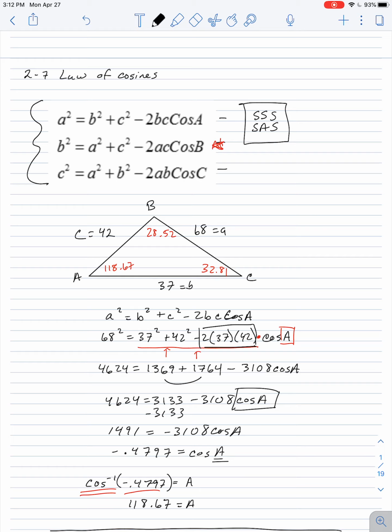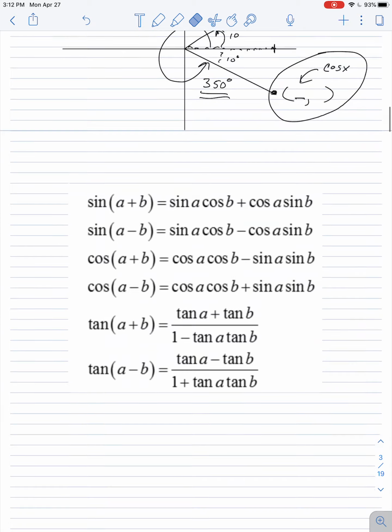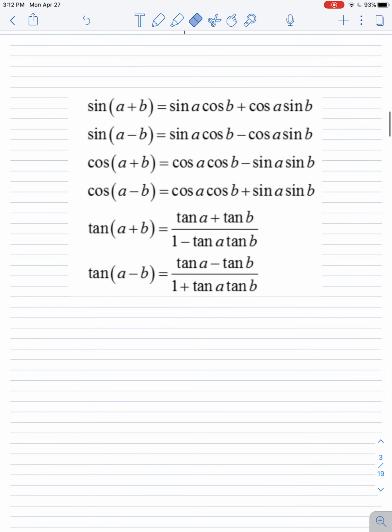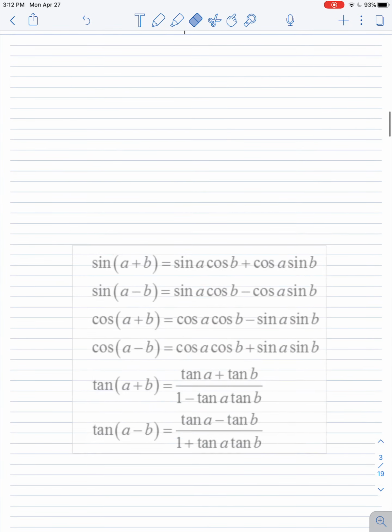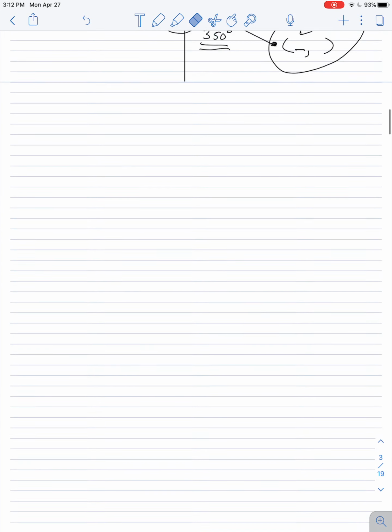Now I just did one example. I think this is going to be fairly straightforward. It's possible that I can give you any component of these. Like I could give you side A. Actually, let's do one of those. I'll show you what those look like. Let's do one more example. I'll move this guy down.